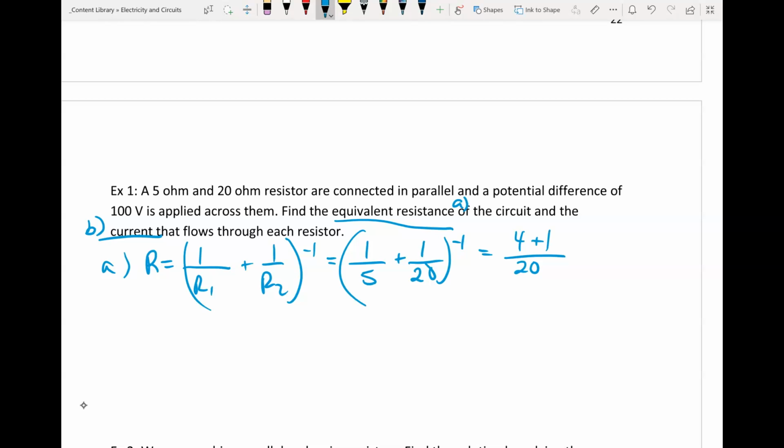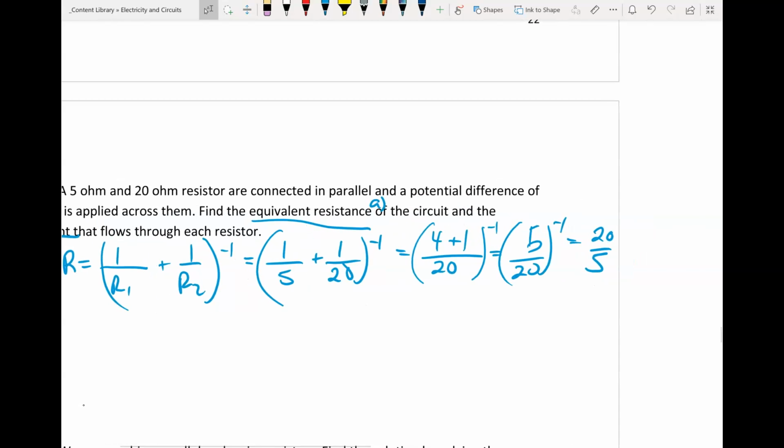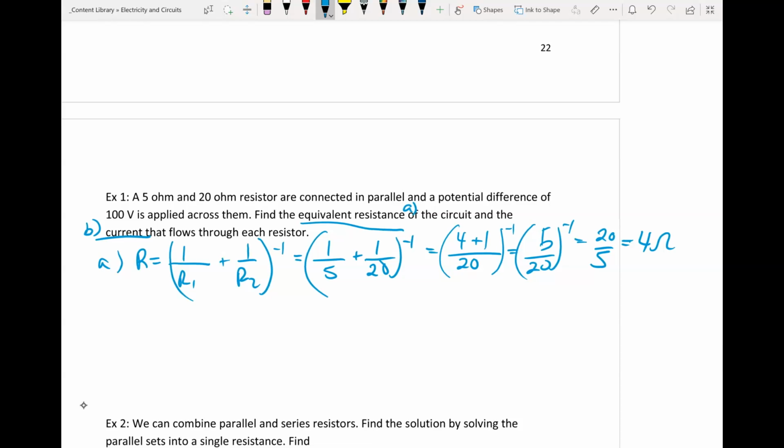I just combine it because now it has the same denominator. So that's going to be 5 over 20. And then we're going to inverse that, or reciprocal it. So that's 20 over 5, which is 4. So our equivalent resistance is 4 ohms.